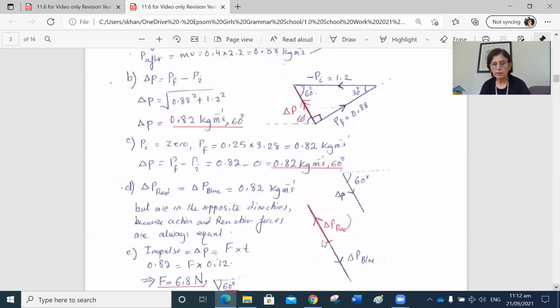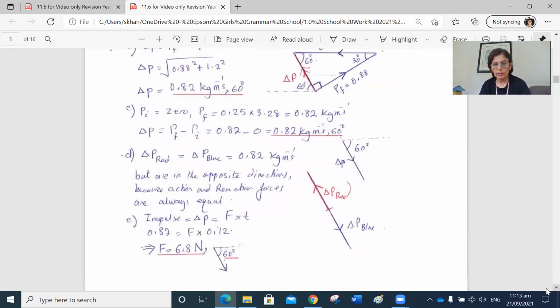If we compare these two, this is the change in momentum of the blue ball and this is the change in momentum of the red ball. If we look at the values, they're equal in size, and they're opposite in direction. If they're opposite in direction, then the forces must also be equal and opposite in direction.